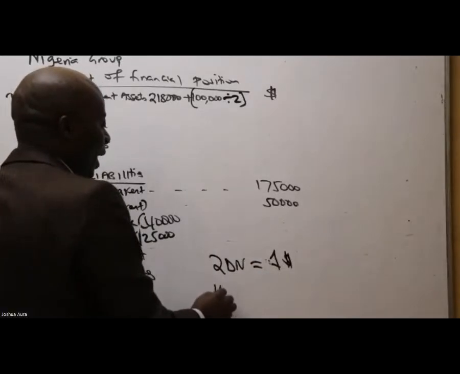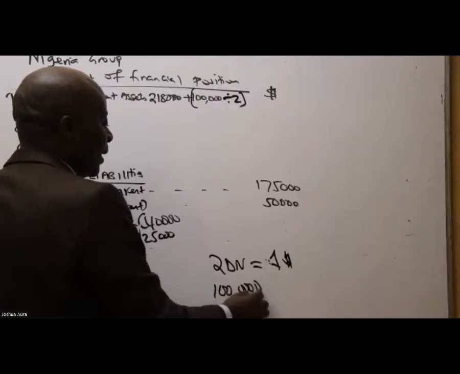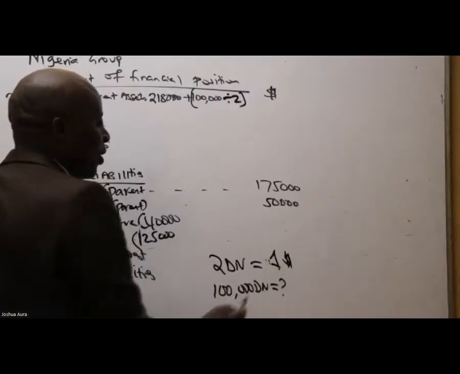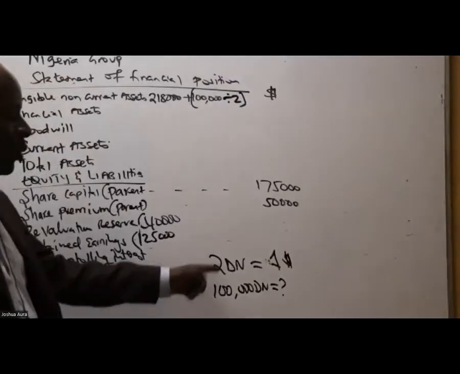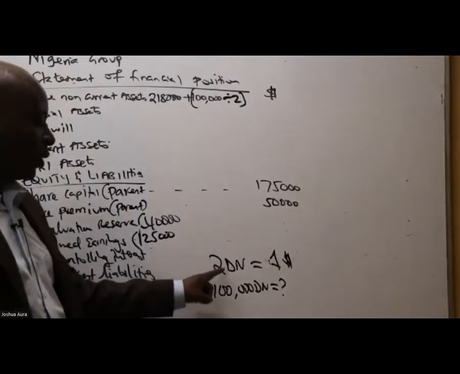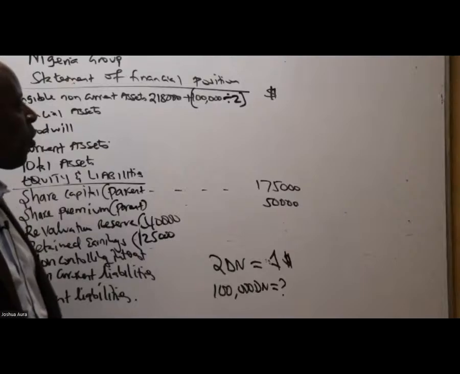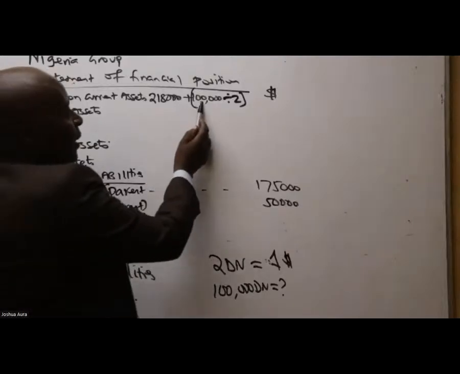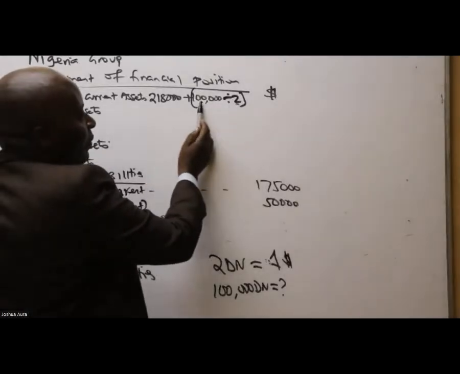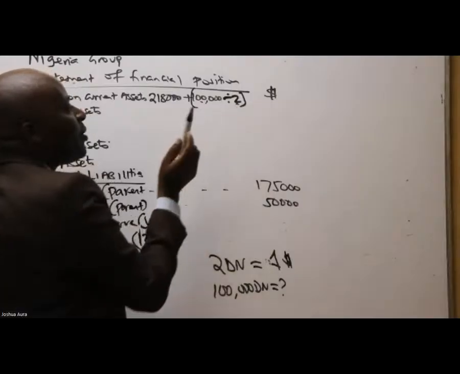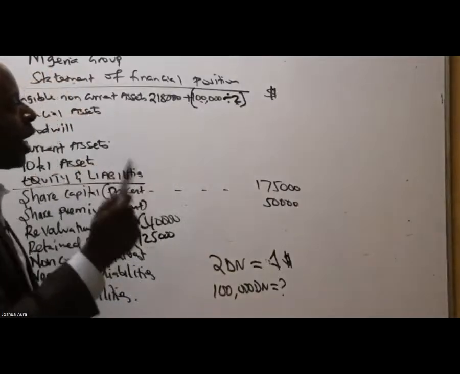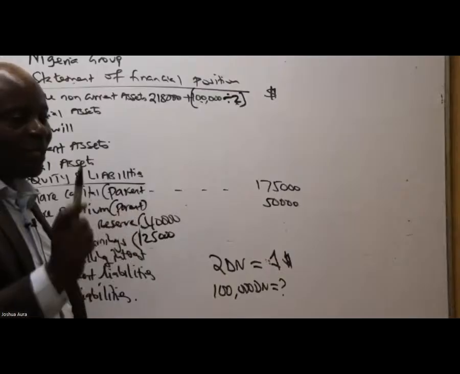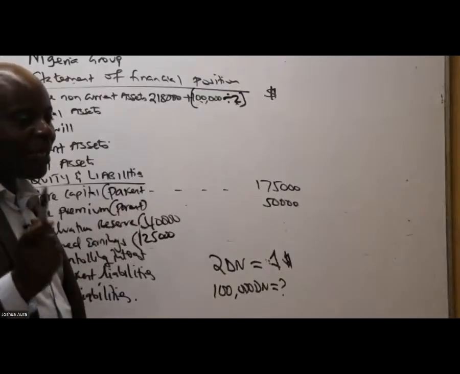How about 100,000 DNs? If you cross multiply, at the end of the day, you'll realize we're supposed to be dividing. After all, I know that these are DNs and these are DNs, and there is no way you can multiply DN with DN. You'll end up getting DN squared. No way. You can never.